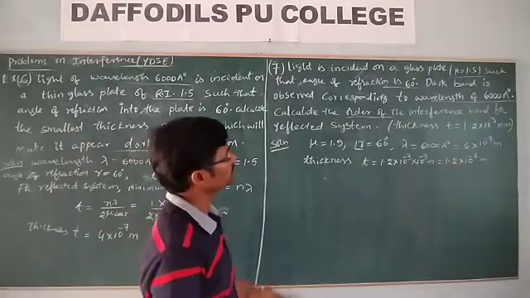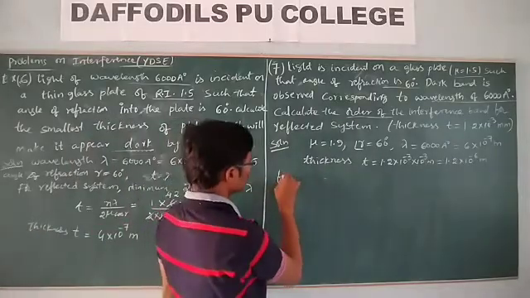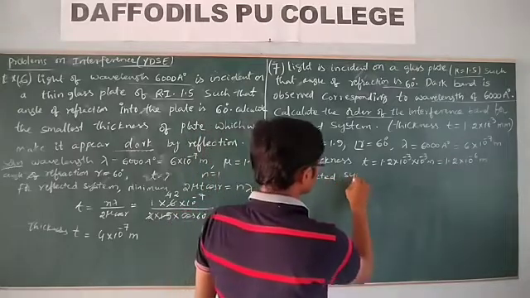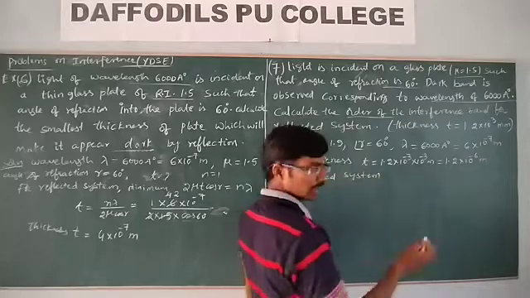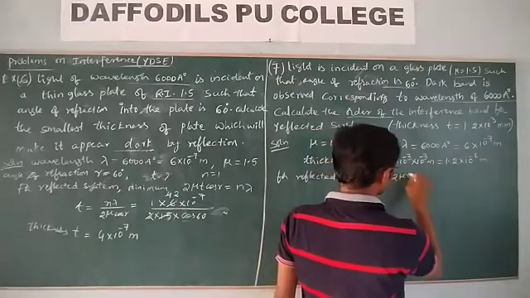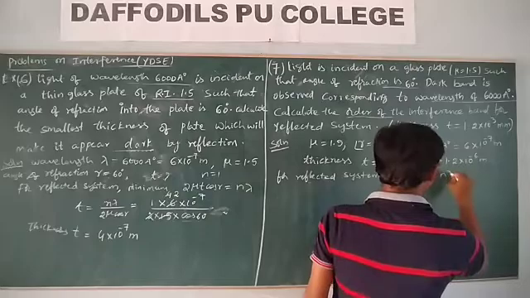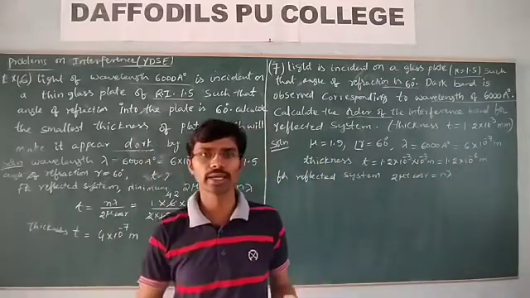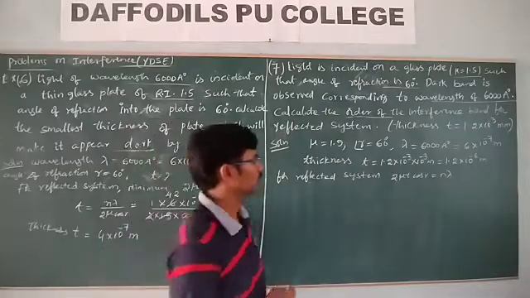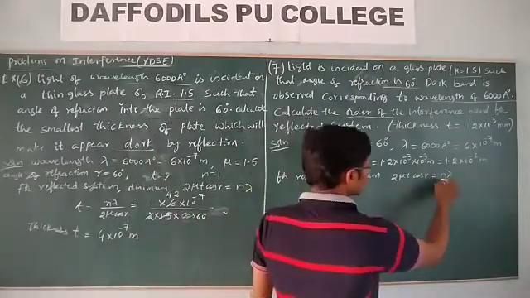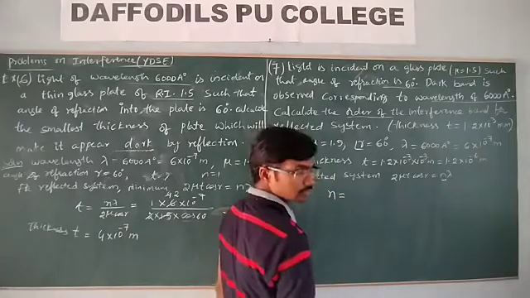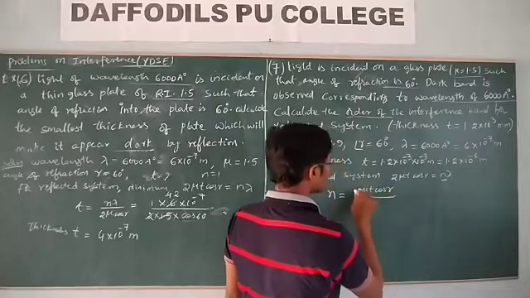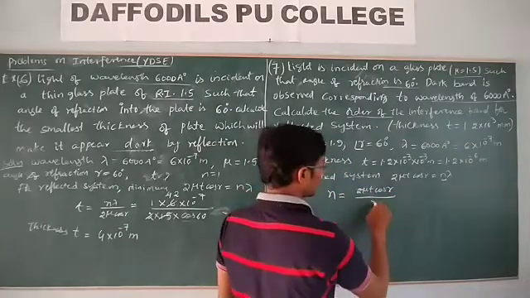Now you need to calculate the n value. For the reflected system, for minimum, 2 mu t cos r is equal to n lambda. For maximum, 2 mu t cos r is equal to (2n minus 1) into lambda by 2. Then we need to calculate the n value. n is equal to 2 mu t cos r by lambda.